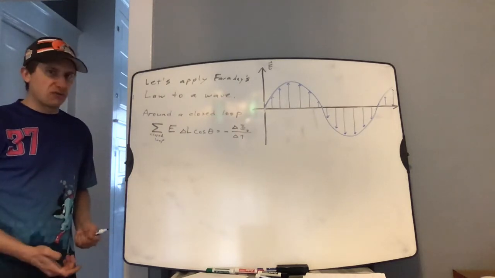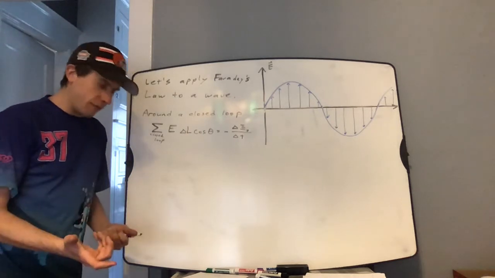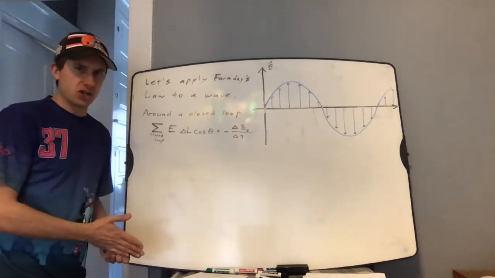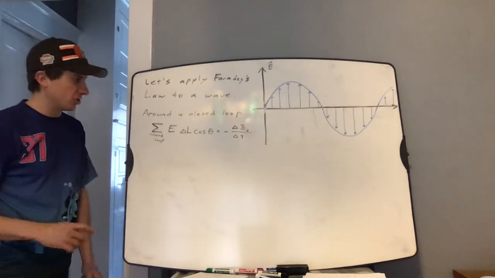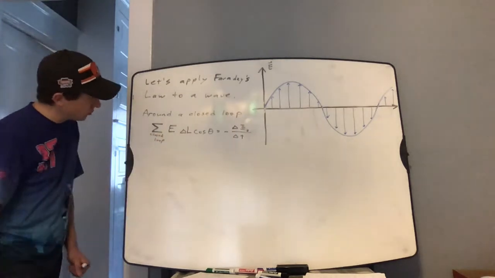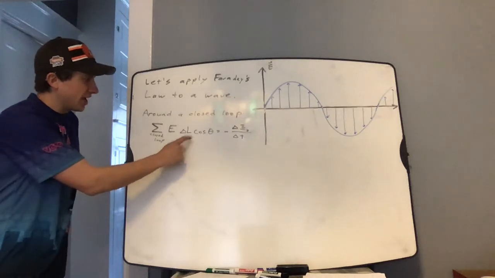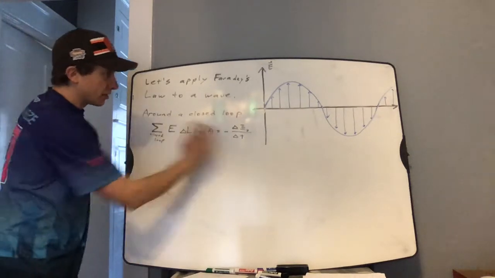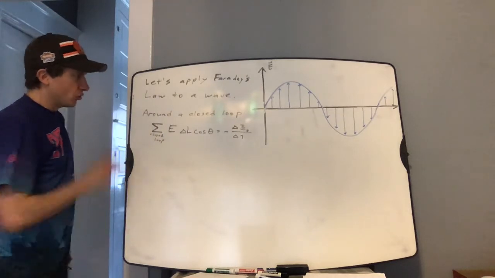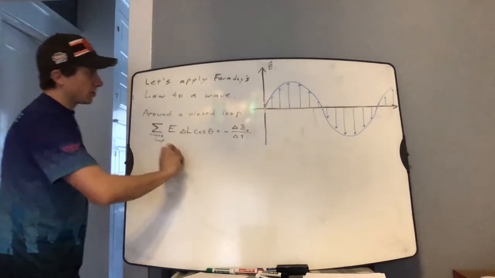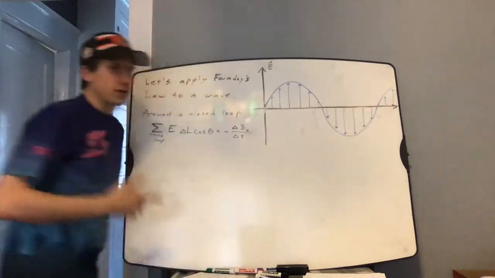So you often want to walk in the same direction or perpendicular to your vector field, and a lot of those techniques will still apply. So around a closed loop, E times delta L times cosine theta equals negative rate of change of magnetic flux. We're going to apply Faraday's law to an electric field wave.